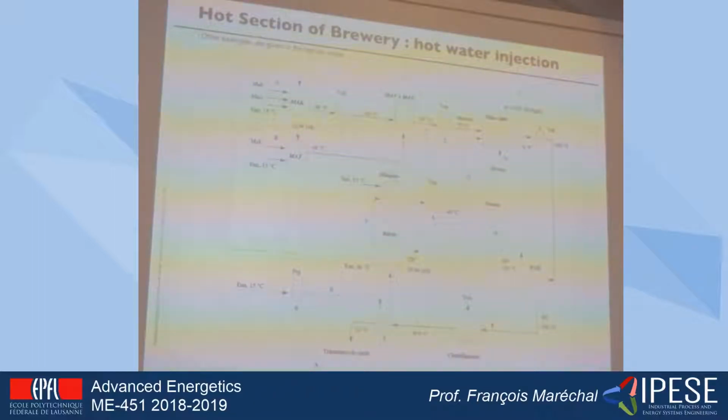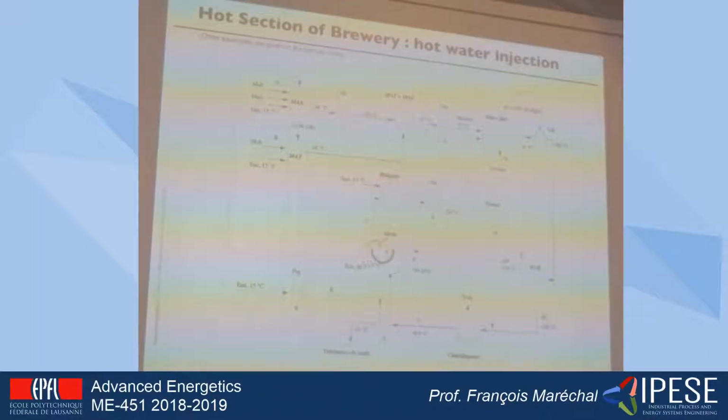And something that we can realize here is that as the water is used everywhere in the process, they have decided to produce hot water here. So they produce hot water that is maintained at a certain temperature, and that is then afterwards distributed here and here, and then the complement is done by water injection or vapor condensation.